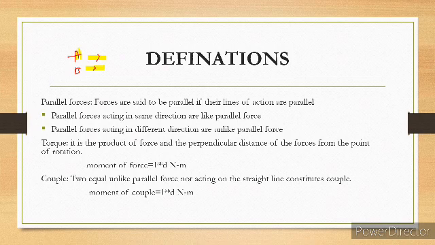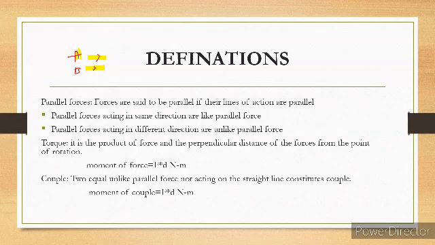In this there are two kinds of forces: like parallel forces and unlike parallel forces. When the parallel forces are acting in the same direction, it is called like parallel forces. If they are acting in different directions, then it is called unlike parallel forces.